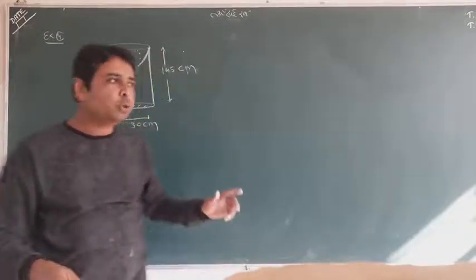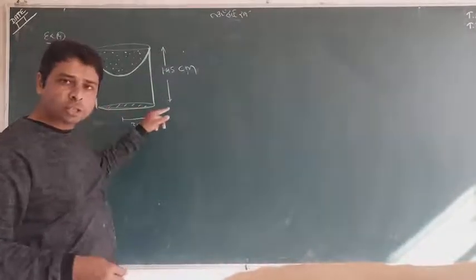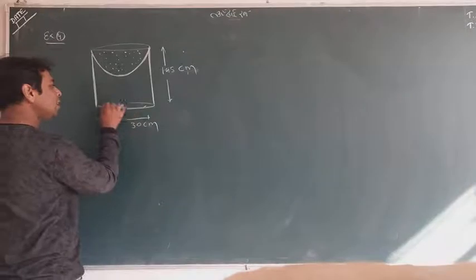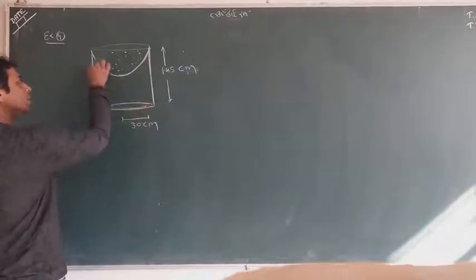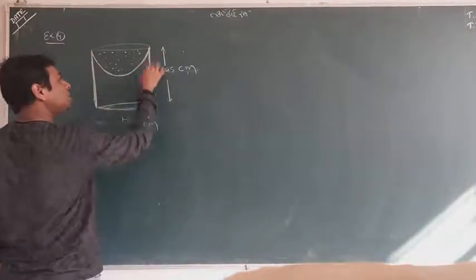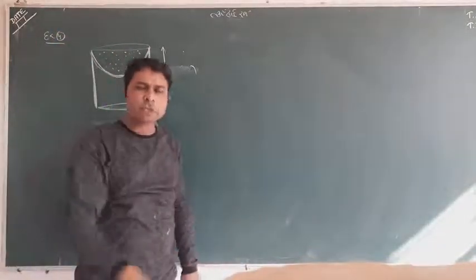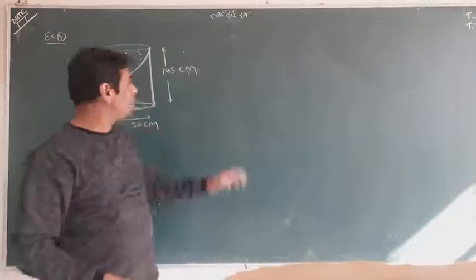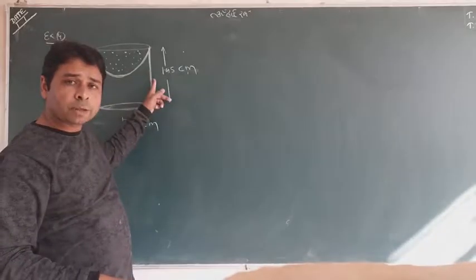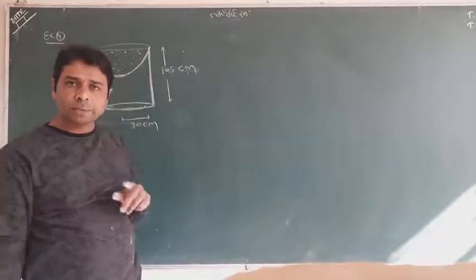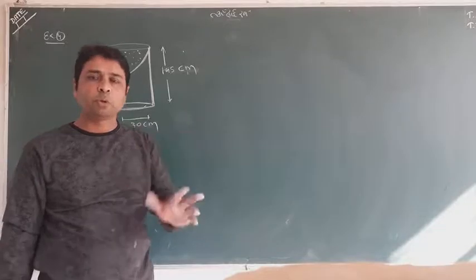You don't need to add this region. You just add the curved region that you can see: the curved surface of the cylinder as well as the curved surface of the hemisphere. That will be your total answer.